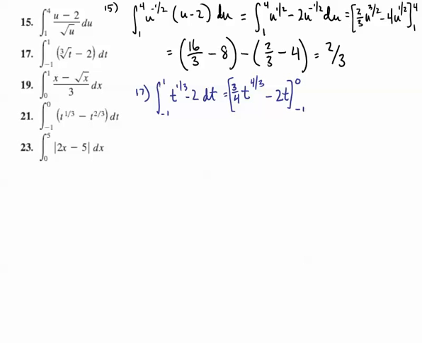So at 0, fortunately everything becomes 0, and then minus. At -1, we want the cube root of -1, which is -1, raised to the 4th power, so that's going to give us a +1, so we're going to have 3/4, and then minus 2 times -1, which is minus a negative 2, which is going to give us a positive 2 there.